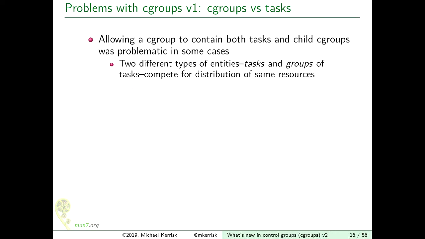Some of the controllers understood it as being the processes are equal competitors to the sibling Cgroups, whereas some of the other controllers understood it as being the processes are competitors to the member processes of those sibling Cgroups. Neither interpretation is wrong, but the fact that you had different controllers that understood the situation differently meant that if you're trying to use parallel hierarchies for different controllers and they understood the hierarchy to mean different things, it made it difficult to do parallel hierarchies.